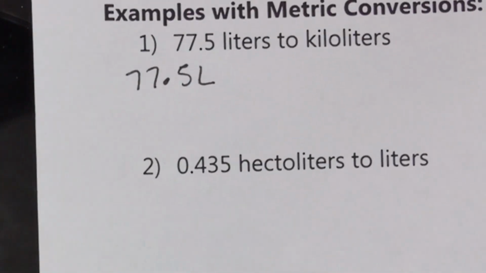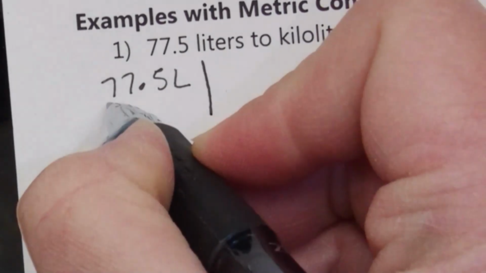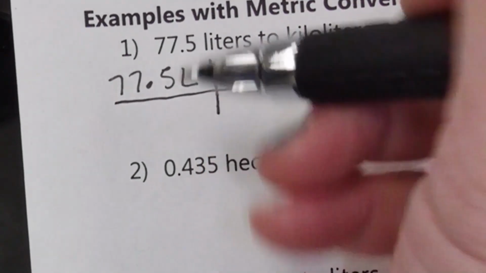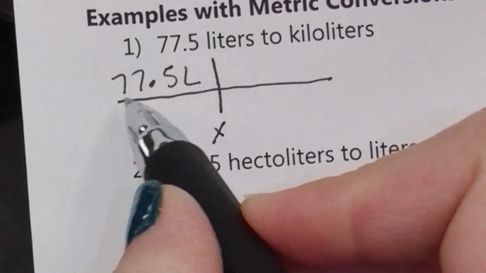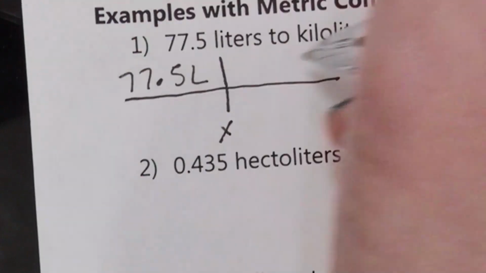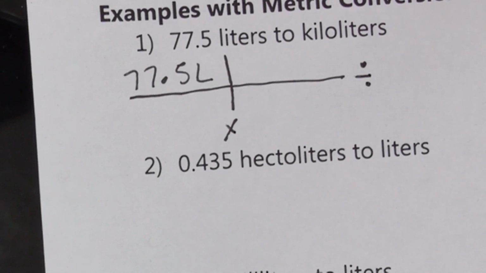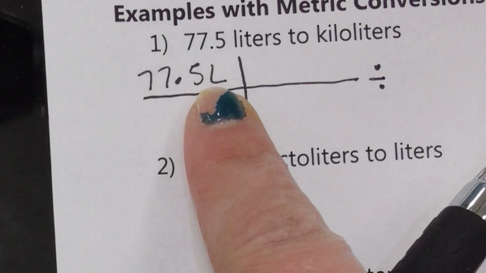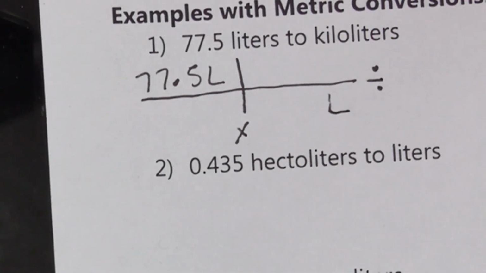Now, to do a conversion, I'm going to draw a line. All right, this line symbolizes the multiplication symbol, and the horizontal line symbolizes a division symbol. When I set up my conversion factor, whatever unit is on top also goes on bottom.